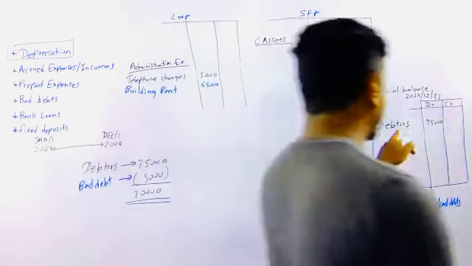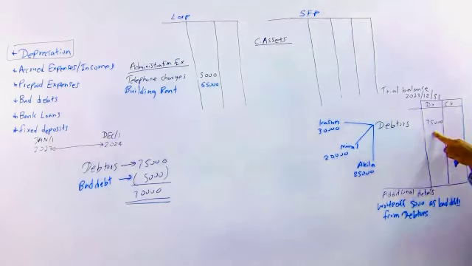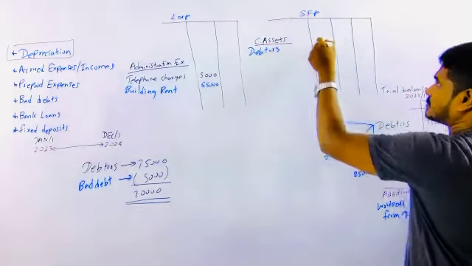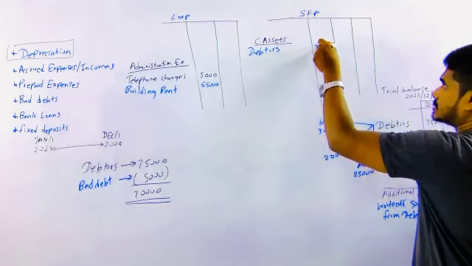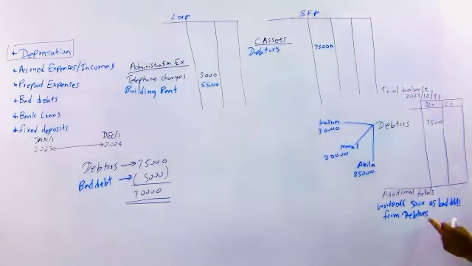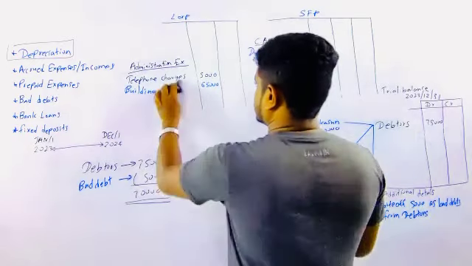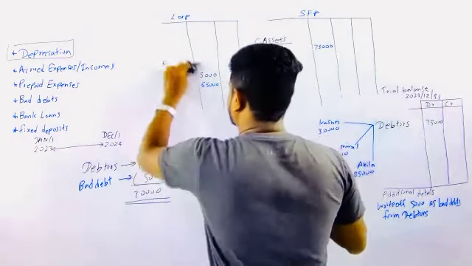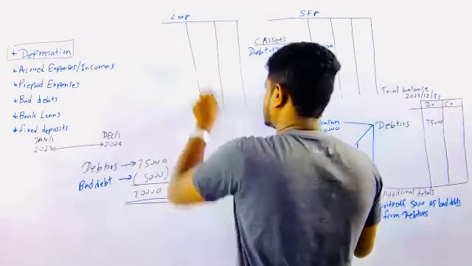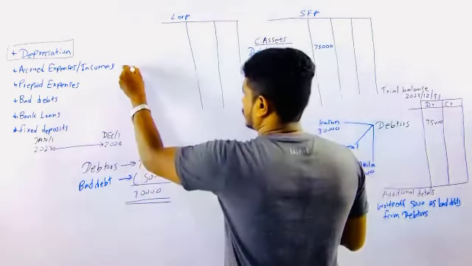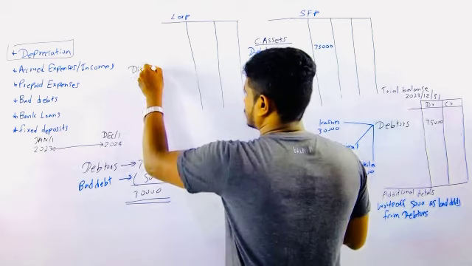So here they have mentioned debtors as 75,000. Debtor is an asset. And under that, they have mentioned write off 5,000 as bad debts. So bad debts is an expense. Which expense? Bad debts are distribution expenses. So this is the expense of bad debts of the time period.